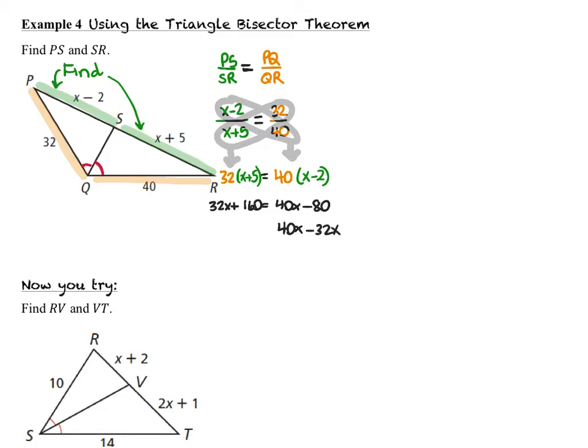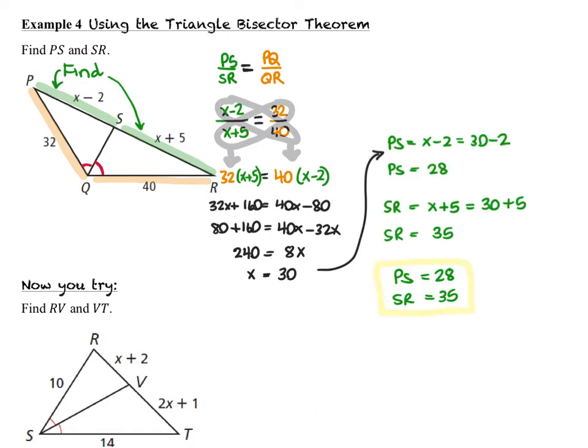So we can easily solve this. And once we find the value of x, which is 30, we plug back in to the expressions for PS and SR to find our missing values. We've successfully found the missing side lengths of our triangle, and we're ready for a now you try.